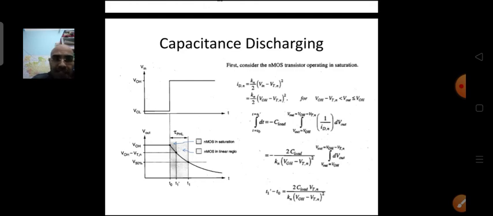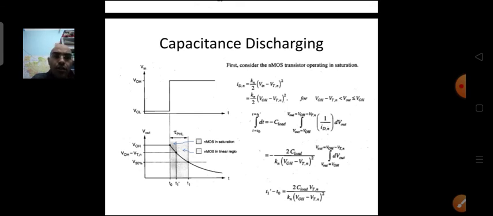Now let's say on the time scale we denote the various times. We can write the initial time, when the transition is starting, as t0. Later, the time till which it operates in the saturation region we denote by t1 dash.